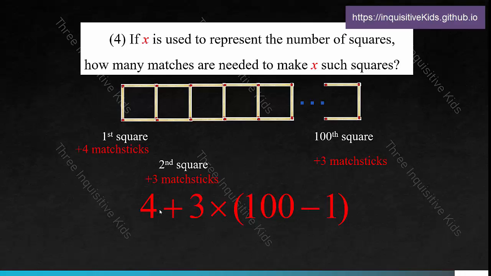4. If x is used to represent the number of squares, how many matches are needed to make x such squares? Well, we already have this, and it's asking us to make x such squares. In the last problem, it was asking how many matches are needed to make 100 such squares.